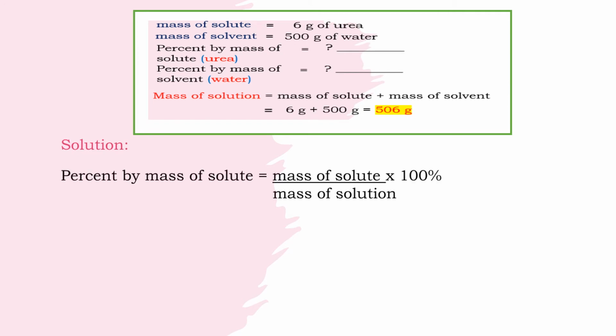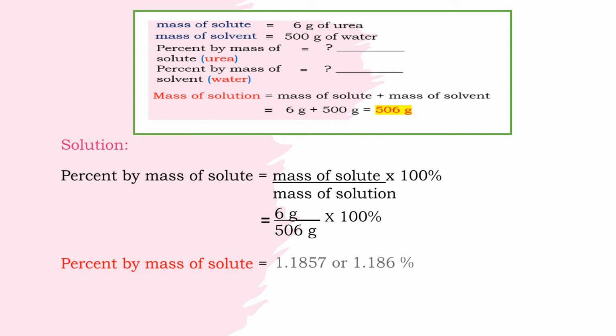For our solution, we will be using this formula. Percent by mass of solute. Solute muna yung unahin natin. Is equal to the mass of solute divided by the mass of solution times 100%. So substitution of the given values. So the mass of solute is equal to 6 grams, and then the mass of solution is equal to 506 grams times 100%.